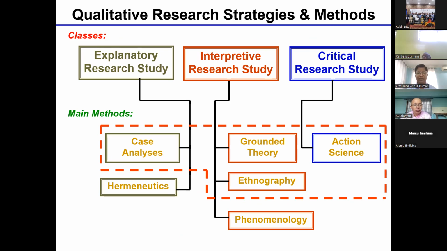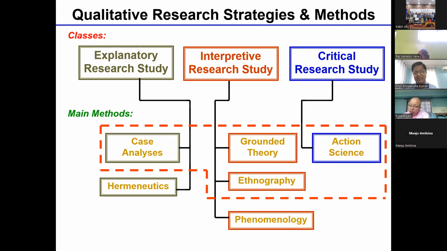So how are the main methods used by a research scholar? In the case of the explanatory research study, the main methods are case analysis and hermeneutics. Hermeneutics is the study of language, where a person tries to know about grammar, case endings, verbs, suffixes, and other things.